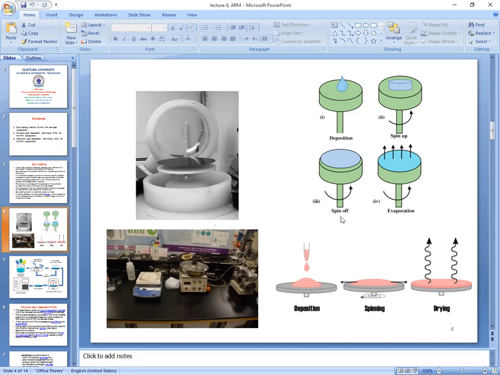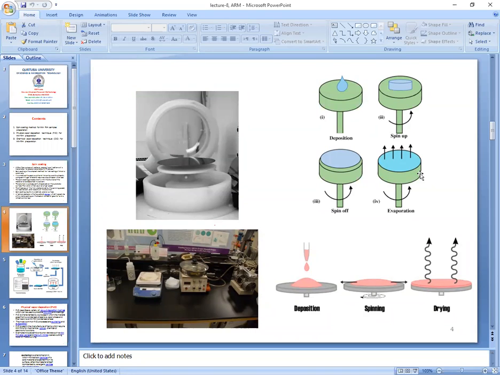So what is the phenomenon? The phenomenon is that the liquid phase of the material is dropped on the substrate, and then it is spun. And when the spinning is off, we get a deposited material.